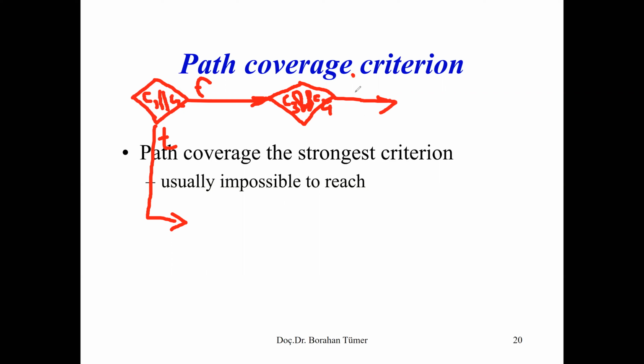Again, we have, for example, true here, and a false here. Okay? So now, can you tell me how the multi-condition coverage criterion and path coverage criterion differ?